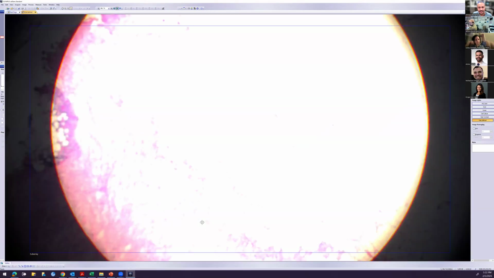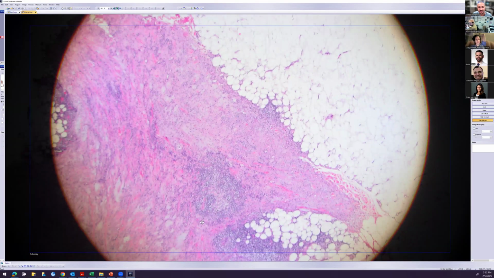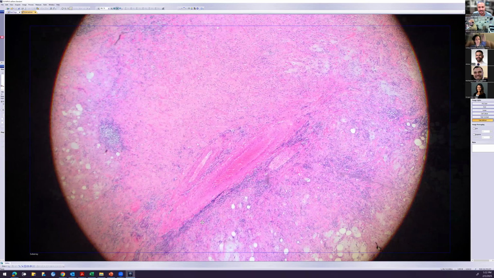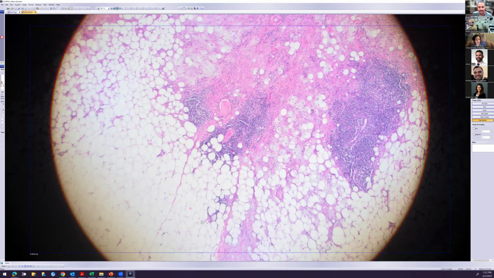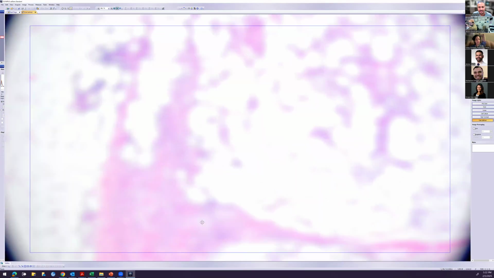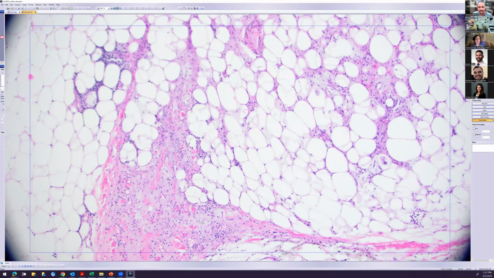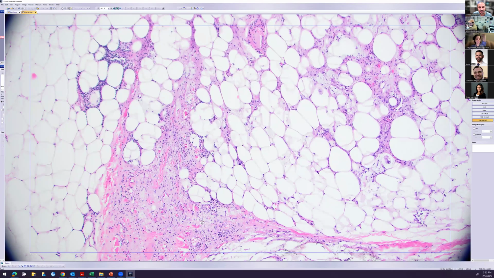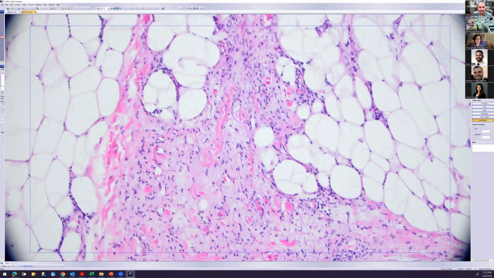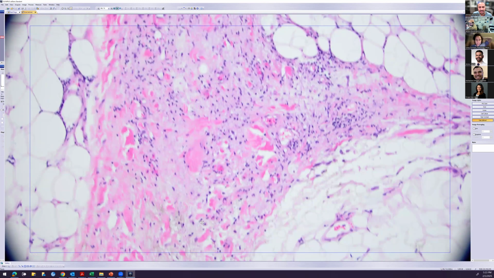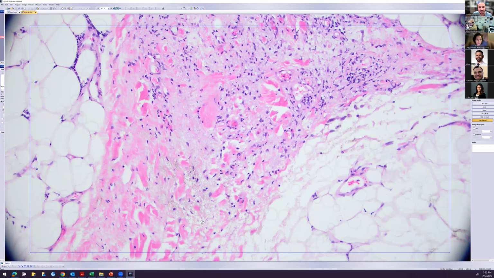This one also has an area that I wanted to highlight. Here we go. It has a background of mixed adipose tissue and some fibroblastic tissue here. These are bland spindle cells in the background, and a little bit of pigment as well, this brown stuff here.